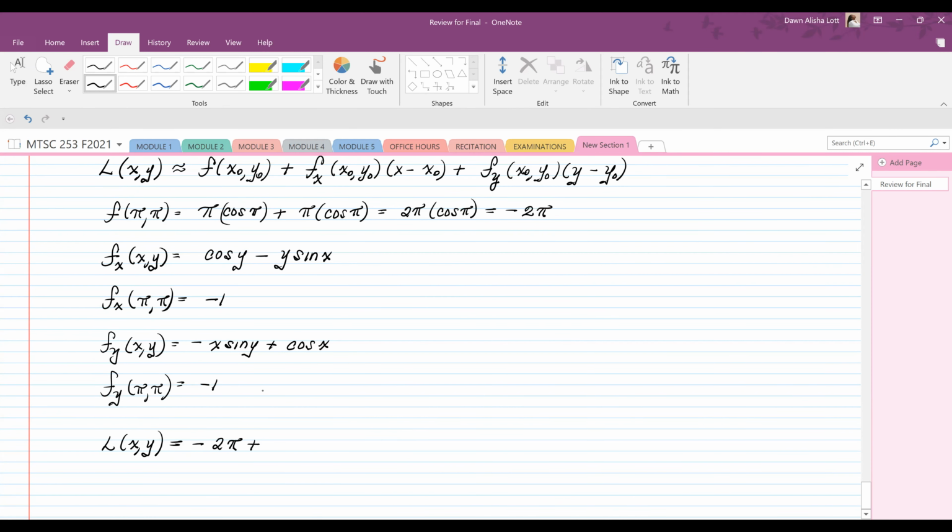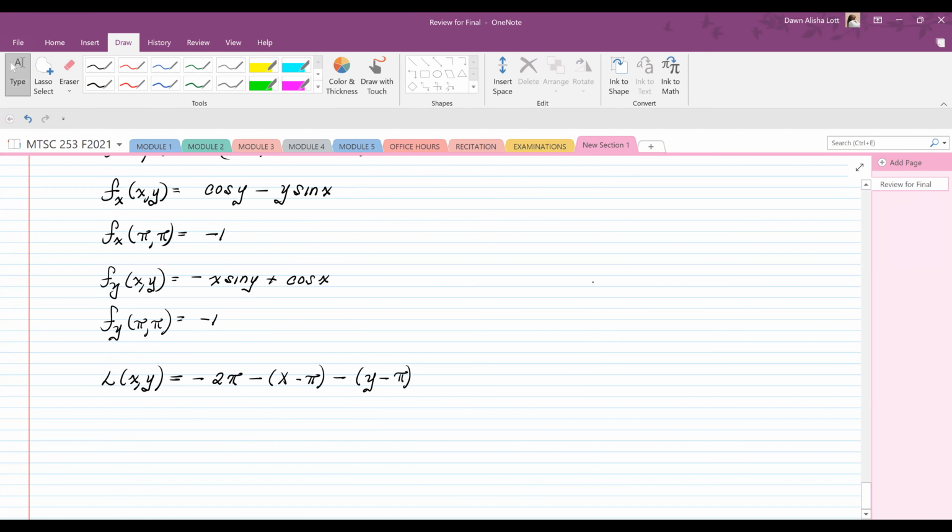Plus f sub x is -1, times x minus pi. Well, that should be an x minus pi, plus -1 times y minus pi, right? So what do you get? I actually have to do it.